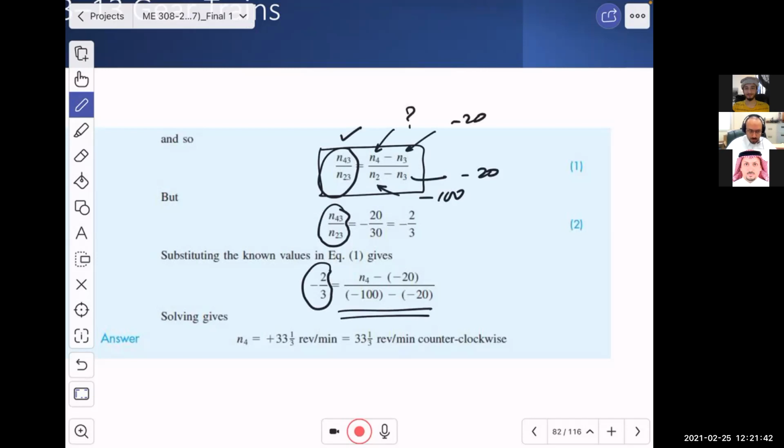So what does this mean? It means that we have only one unknown, which is N4, if I was able to determine this ratio. Now, the ratio as written here is equal to minus 20 divided by 30, which is minus 2 over 3. So how did we do that?